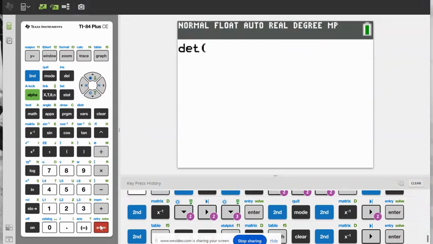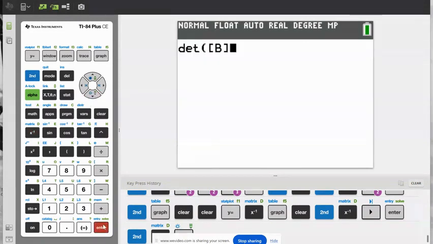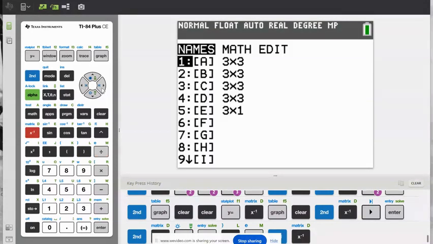So second matrix, math, determinant. Now we want the determinant of matrix B. So we're going to go to second matrix again. And now we're choosing matrix B. Put your parenthesis around it. Then the division sign. And now we're going to divide that by the determinant of matrix A. So second matrix.